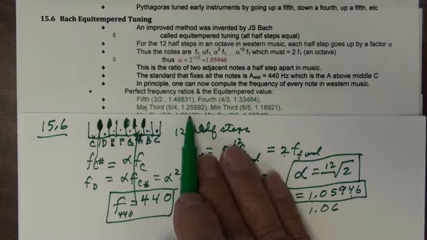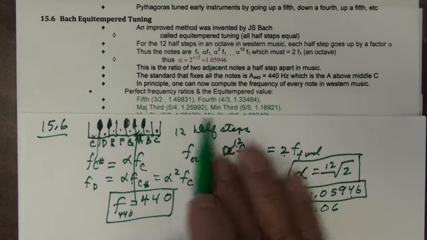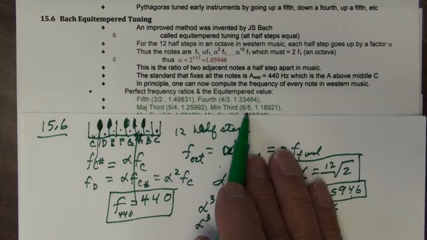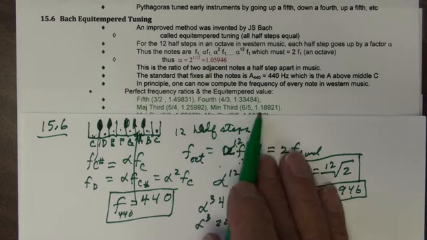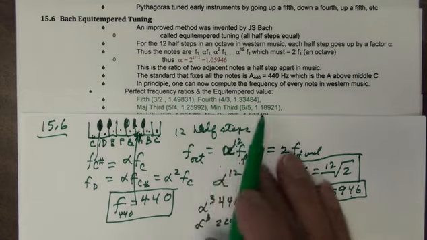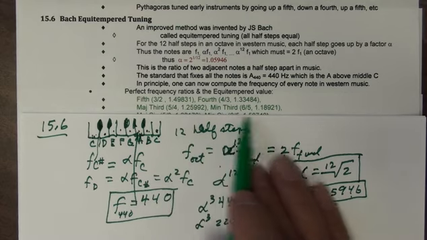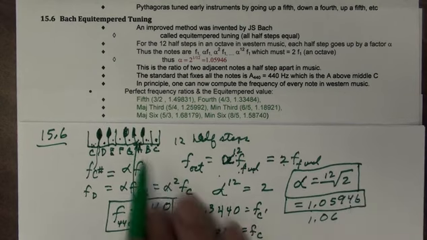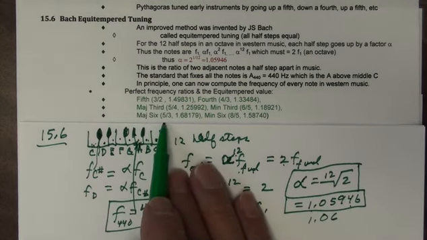So it's going to sound a little bit sharp in this system. And a minor third is 6 to 5, which would be 1.2, and that's going to sound just a little bit flat. We actually like the fact that the major third is a little sharp and the minor third is a little flat. I have in your notes here what a major 6 would be.